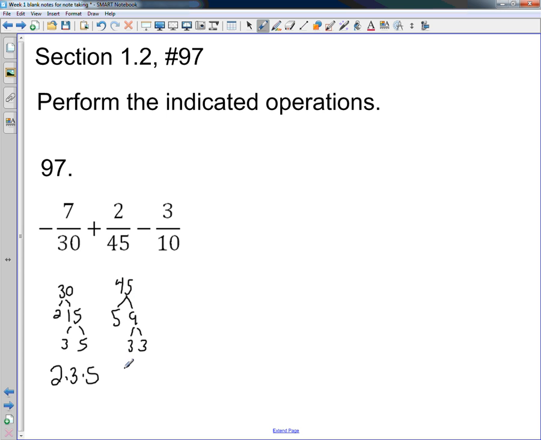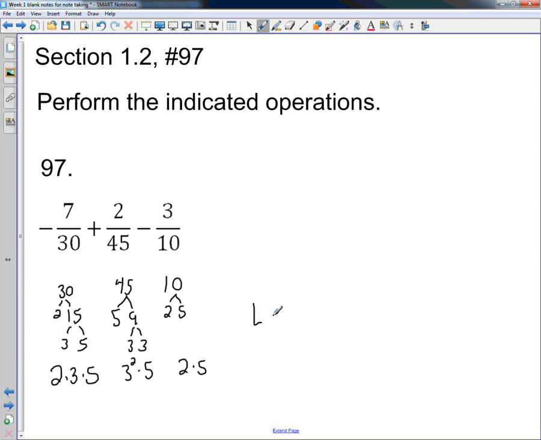So we have 3 squared times 5. And then 10 is 2 times 5. And I keep working it right below the problem and not giving myself room. So let's move that down again. So I have a 2 times 5.